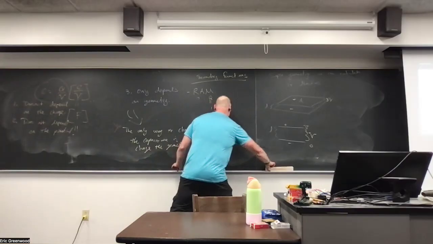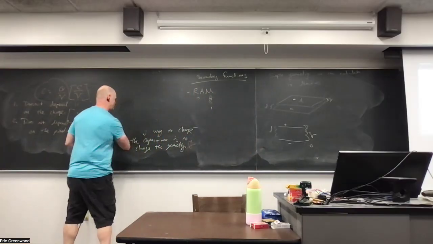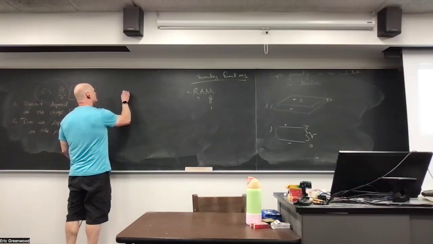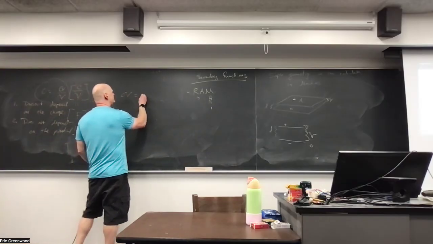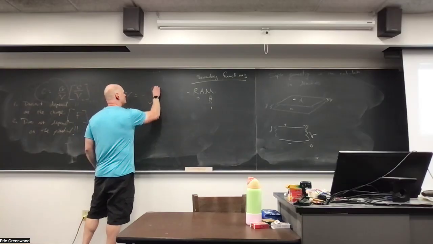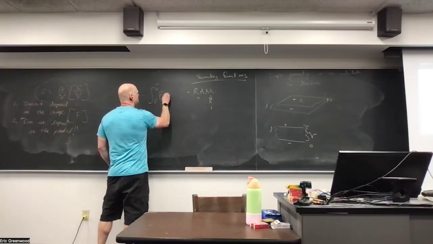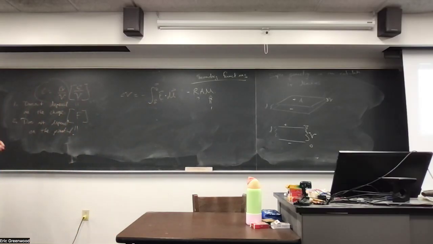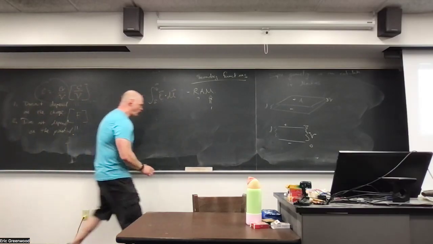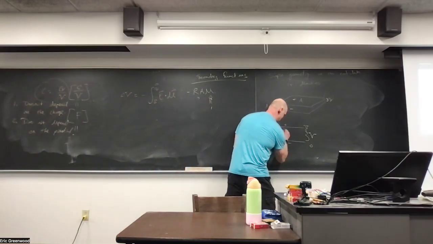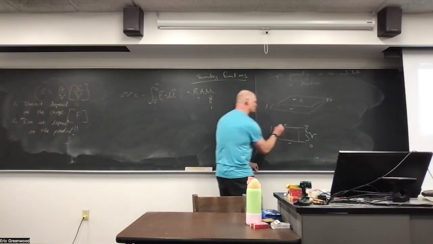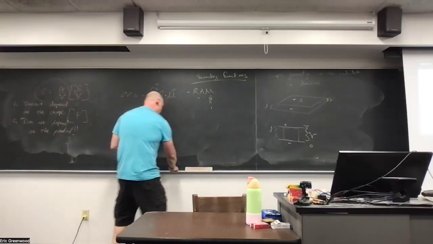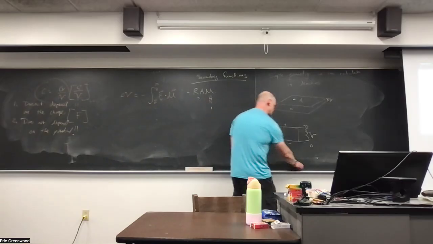So what do we know? Going back to last chapter, the potential difference across the plates is equal to minus the integral from A to B of the electric field dotted with the differential line element. We also know that, at least in the center portion of the plates, the electric field is a constant, perpendicular to the surface.